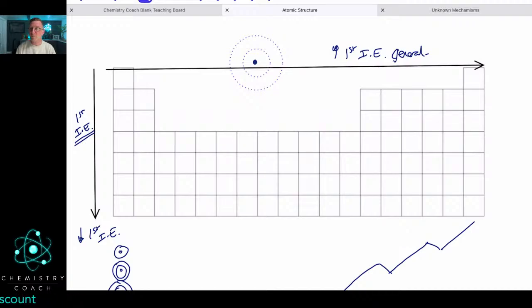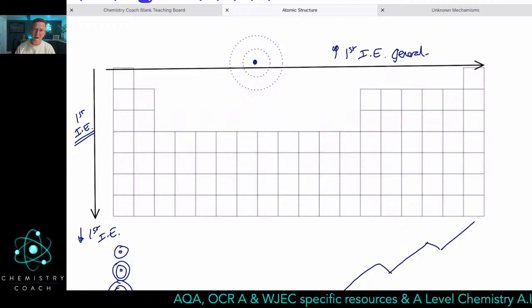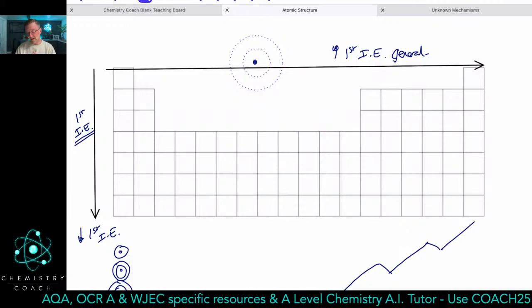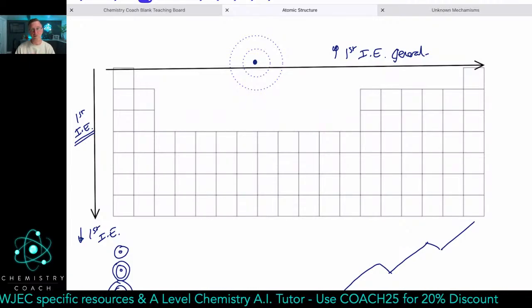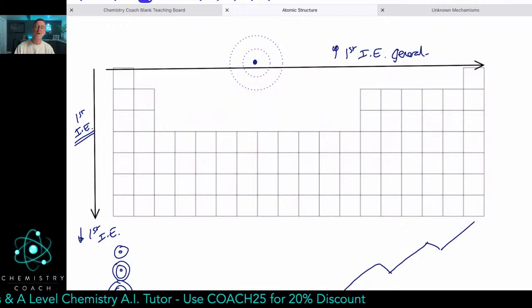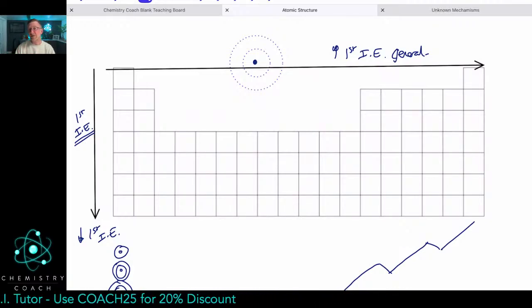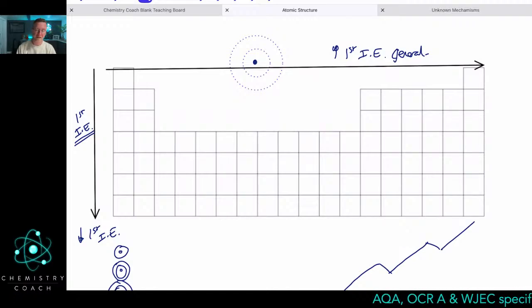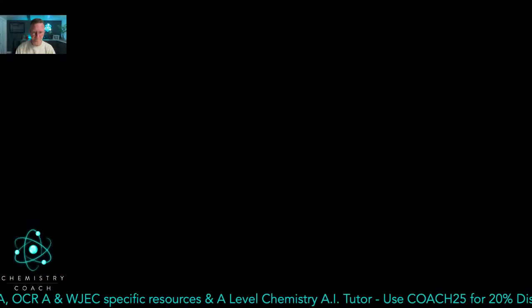The number of protons increases, so the nuclear charge increases going from left to right. However, we are keeping the same number of shells. We're not adding any shielding. So we get that general increase because there's an increase in nuclear charge, no increase in shielding. So that's why the attraction between the nucleus and the outer electron actually increases, okay?